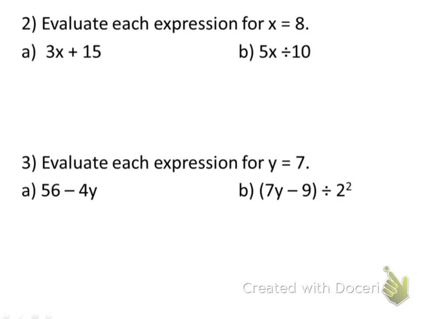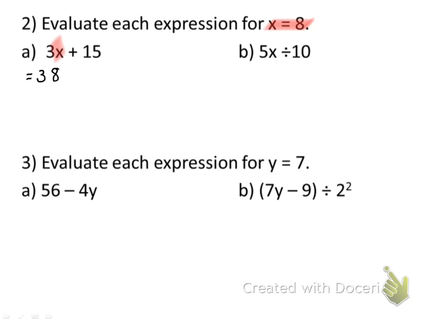Number 2, it says evaluate each expression for x equals 8. So we're going to substitute, or like a substitute teacher, instead of writing this x, we're going to write an 8. Now I'm going to do this first one. We have 3 times x plus 15. I'm going to write my equal sign. Make sure you write your equal sign. And then I'm going to write 3, and you can't write 3 and then just 8, because that looks like 38.